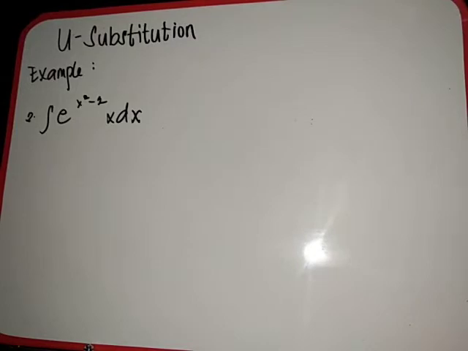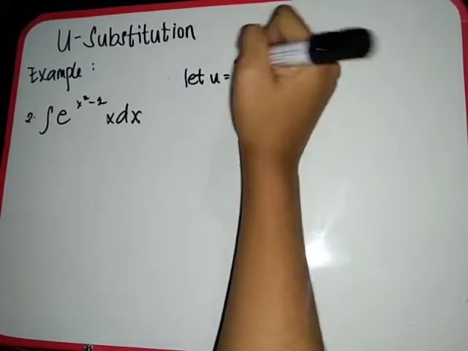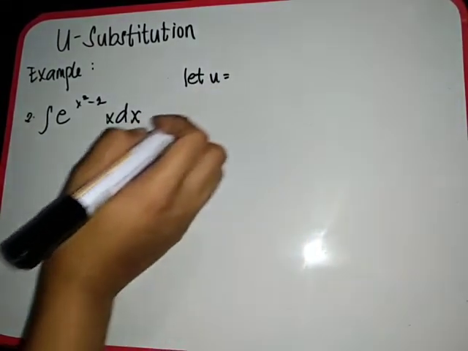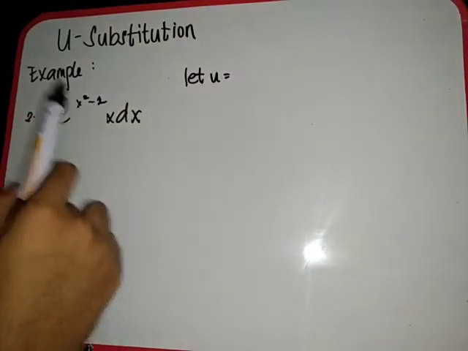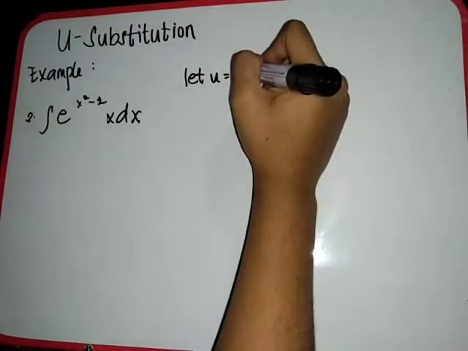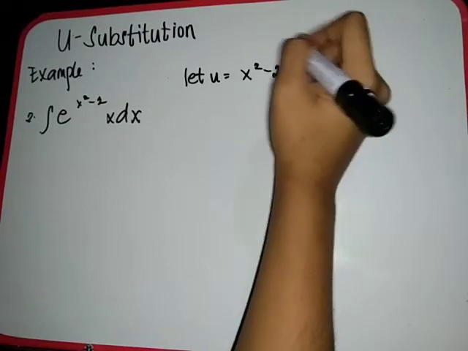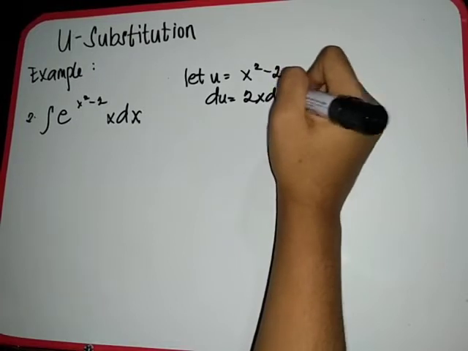So we will let u equal to, as I said earlier, our u can be found as our exponent, can be found in a radical sign, and can be found inside the parentheses. So we have the exponent, which is x squared minus 2, and then our du is 2x dx.